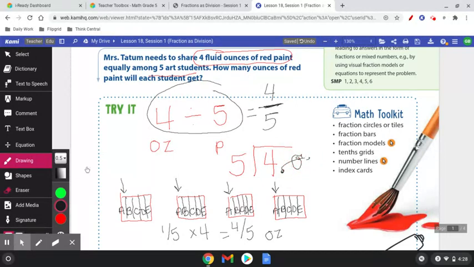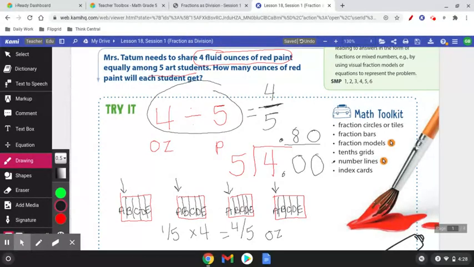Let me try that again. I would need to add a decimal 00, kind of thinking of it like money. And then I would be able to divide that out. And if I did, I would get 0.80 or 0.8. So that's 80 hundredths or 8 tenths, which is equivalent to 4/5.